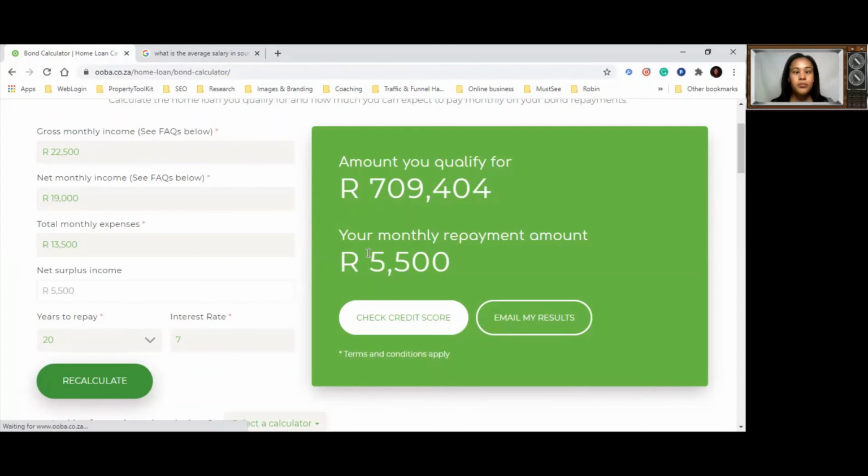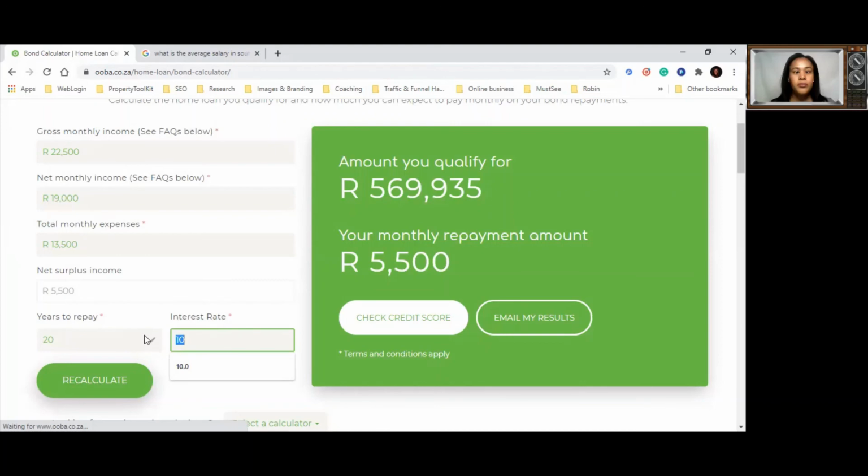Because just a couple of months ago, when the interest rate was 10%, with the same salary, the same take home, we qualified for a lot less. We qualified for almost 570,000 Rand. But just because the repo rate was cut, obviously the prime rate was then affected.